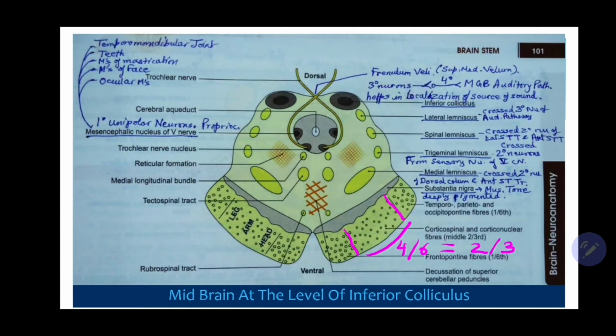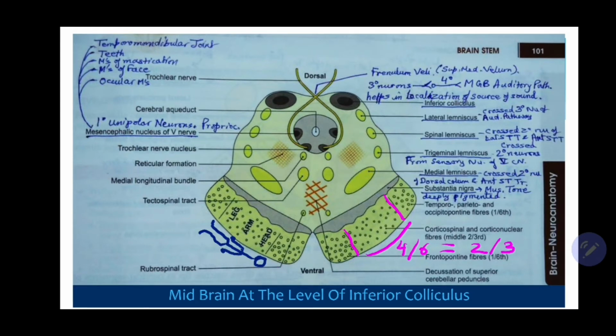An important thing is that in this tract there is a somatotopic distribution of the body parts. You have the body parts aligned like this.